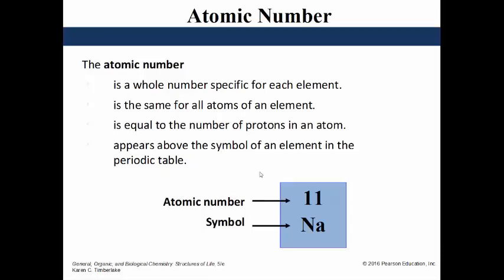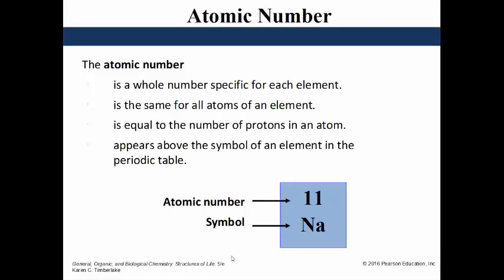This is always going to be a whole number, specific for that element. These are put in sequential order, 1, 2, 3, 4, going all the way up to 118. And this atomic number represents the number of protons and electrons in an atom. It usually will appear just above the symbol for the element.